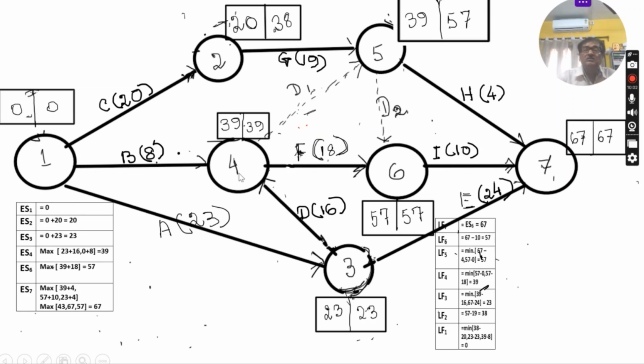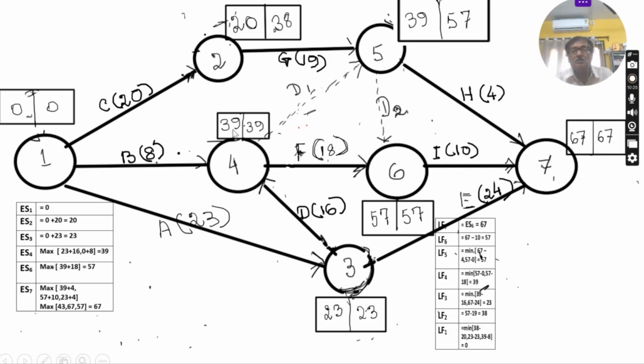And how much total time? 23 plus 16, 39. You have to take the maximum of these two, which is 39. That's why the earliest start time for ES4 is 39.